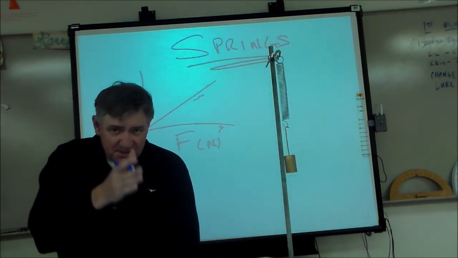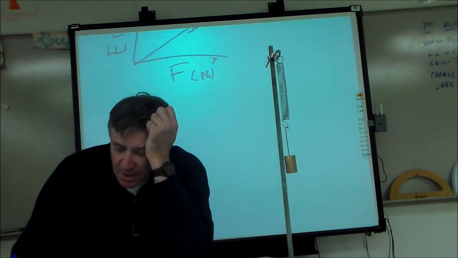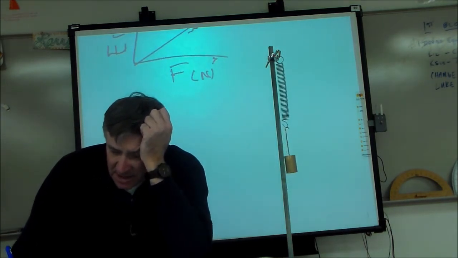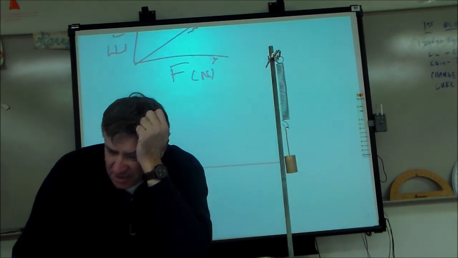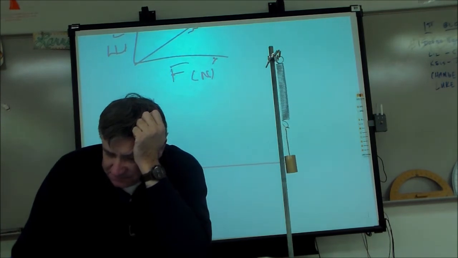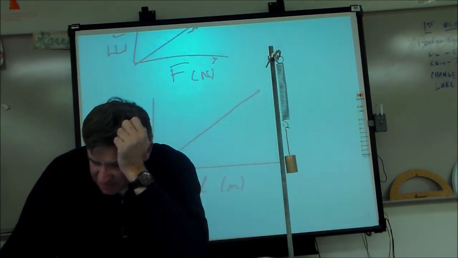Now, when you're talking about springs in terms of energy, you all did this graph as well. I had you switch it up. I also had you draw another one where you put force on the y-axis and elongation on the x-axis. And that was also a linear relationship.